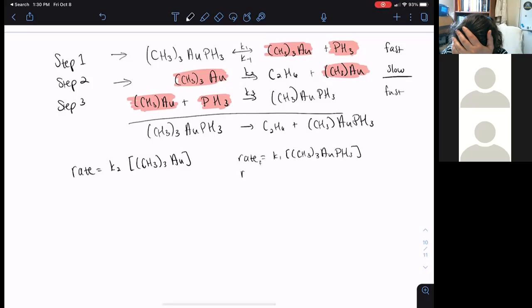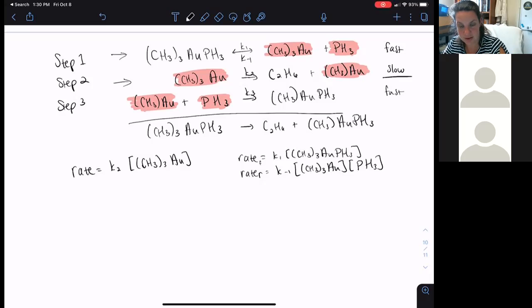And then our reverse is equal to k minus 1 (CH3)3Au times PH3. Okay, and then we set them equal to each other.